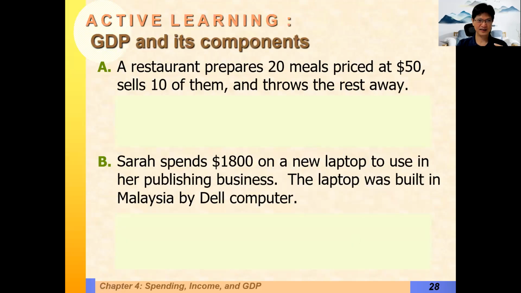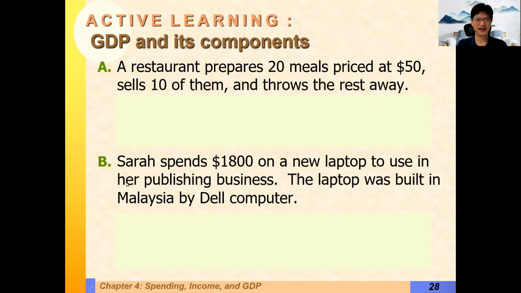So let's look at some questions now and see if you can answer them using these ideas I've just presented. Firstly, we have a restaurant that prepares 20 meals at $50 each, sells only 10 of them, but it's food, so they throw the rest away. So how much does GDP increase by this activity?